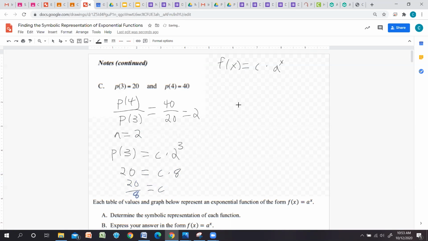So going up here, 20 over 8, there's several ways we can write it. We could write it as a decimal, or we could simplify this. 20 over 8 is the same thing as 5 over 2, so 5 halves.